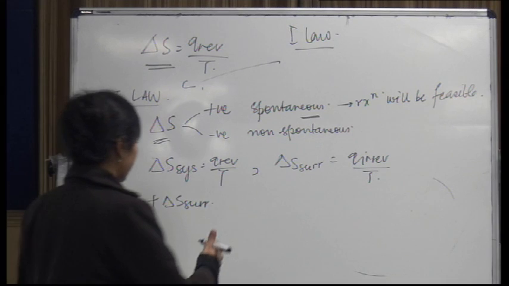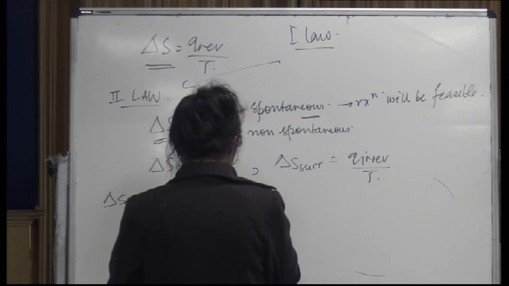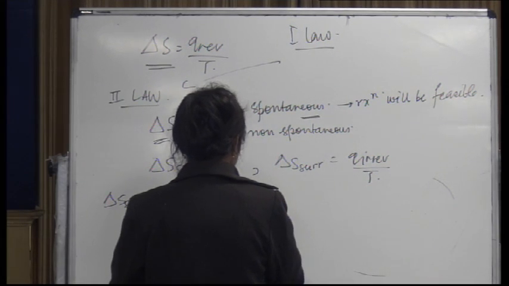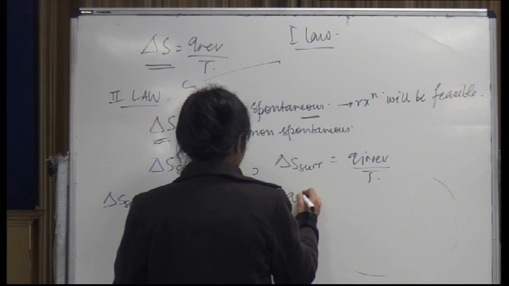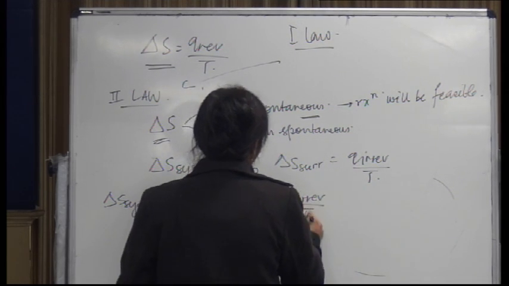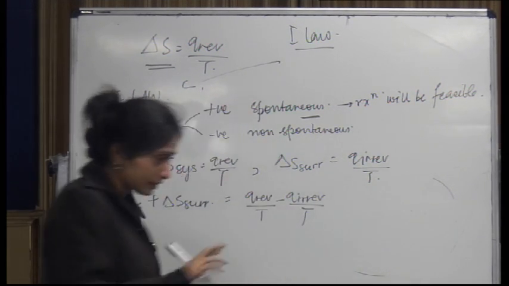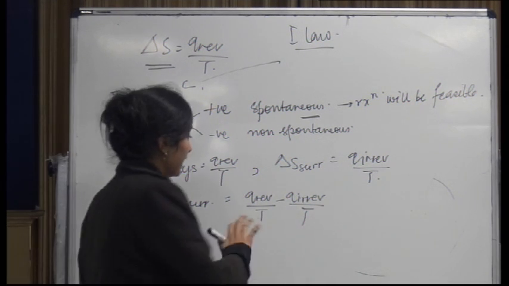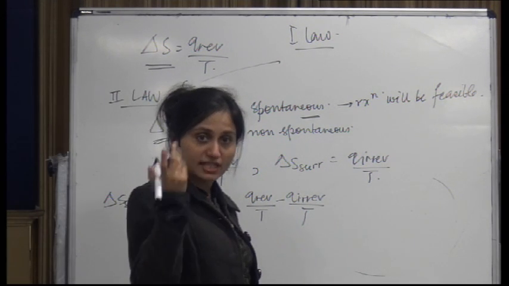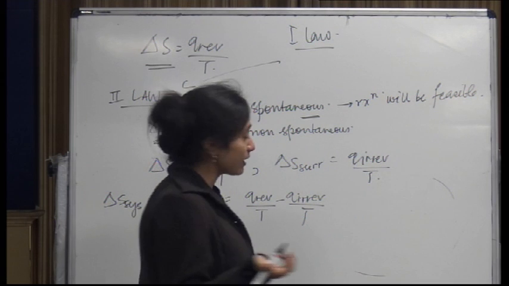Delta S system plus delta S surroundings will be equal to Q reversible upon T minus Q irreversible upon T. Because the heat that is given out will be taken up by the other. So that is why you put it like that.